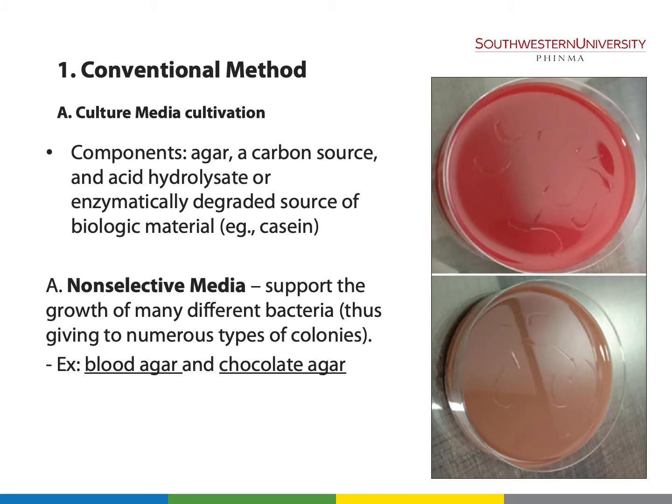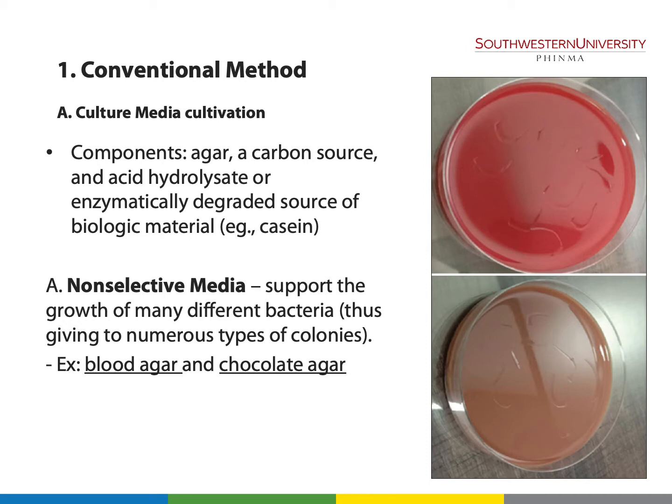So for the conventional method, let's start with culture media cultivation. So for culture media, one criterion is the growth on bacteriologic media. In contrast to viruses and most parasites, many bacterial pathogens can be isolated in a solid agar-containing media. The general cultivation of most bacteria requires the media to be rich in metabolic nutrients.